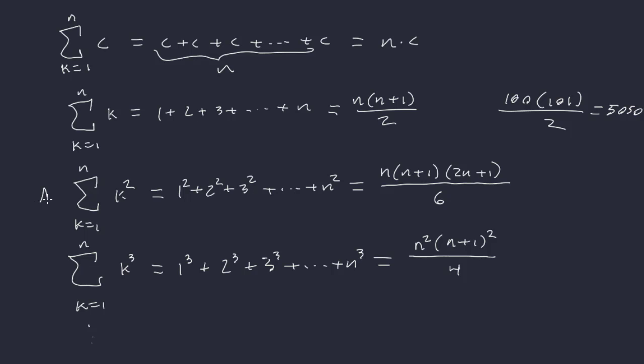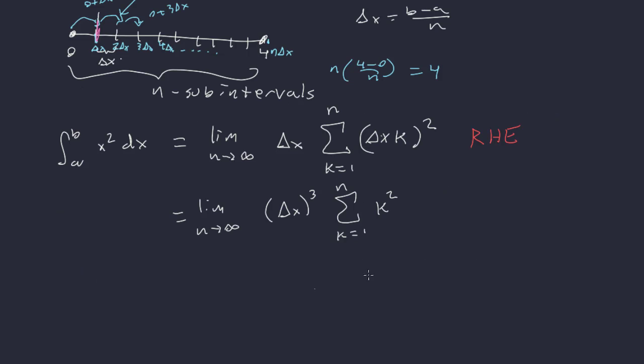All right, so I want to label this property here star, right? That the sum from k going from 1 to n of k squared ends up being n times n plus 1 times 2n plus 1 all over 6. And then I want to apply it to where we left off in our calculation, right? Because we have right here, this is the sum from 1 to n of k squared.